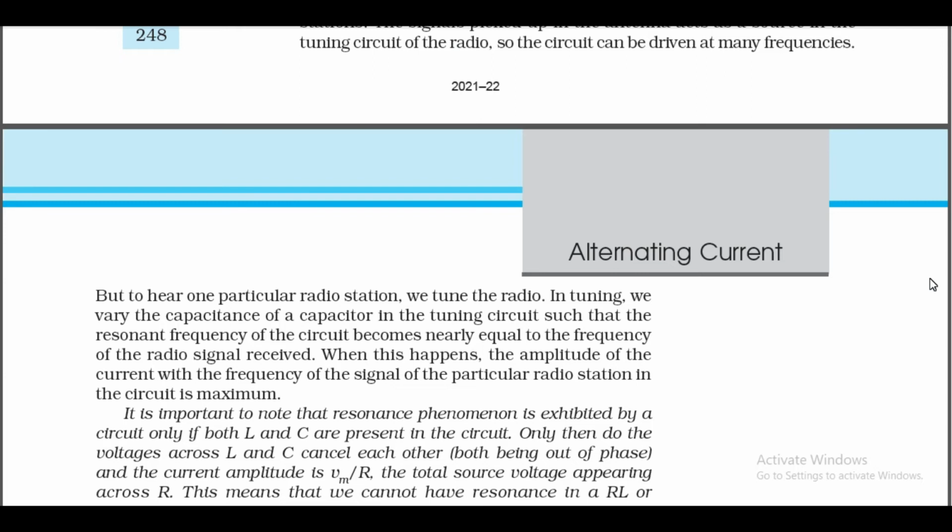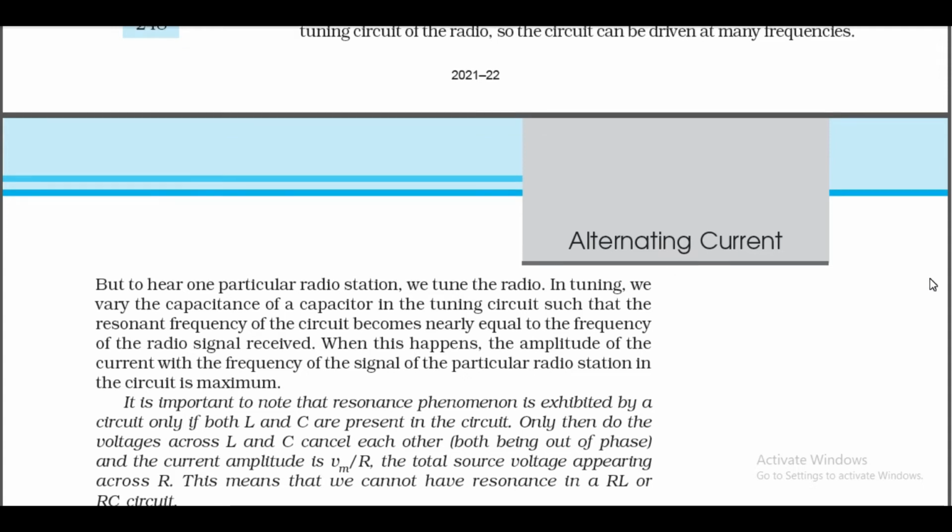such that the resonant frequency of the circuit becomes nearly equal to the frequency of the radio signal received. When this happens, the amplitude of the current with the frequency of the signal of that particular radio station in the circuit is maximum. It is important to note that the resonance phenomenon is exhibited by a circuit only if both L and C are present in the circuit.